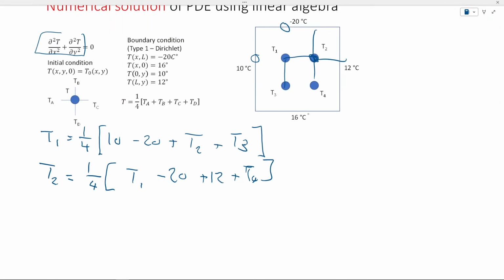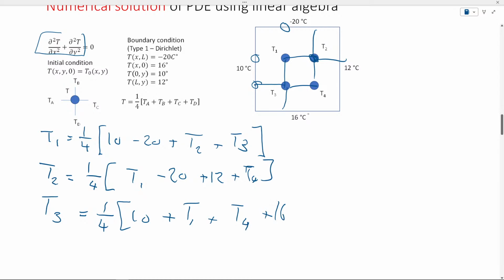What is T3? T3 is 1 over 4 of 10 plus T1 plus T4, this guy here, plus 16. And what's T4, the last one, this guy here?